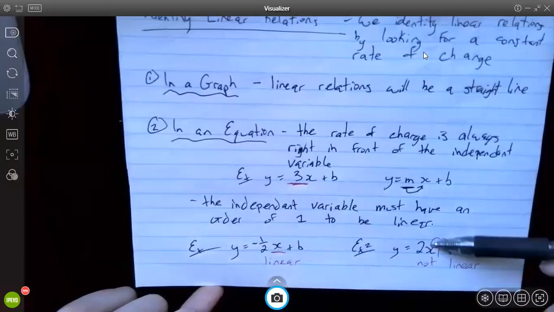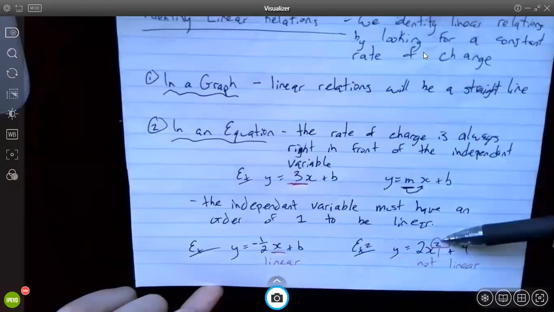However, as soon as I have like an x squared or an x cubed or something like that, this is no longer a linear equation. Okay, so that's what it means by the x has to have an order of 1. As soon as the x is to the power of something other than an imaginary 1, it is no longer linear.